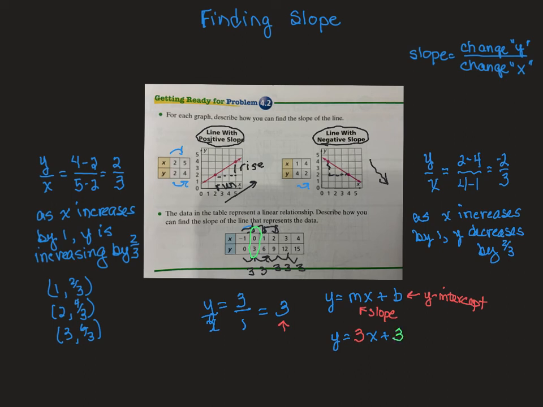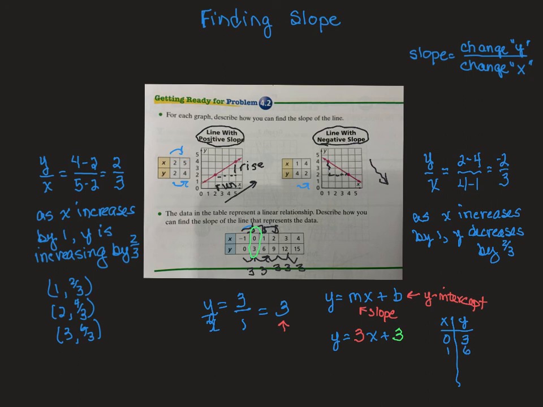So I have 3x plus 3. Remember that the slope is 3. That means as x increases by 1, y is going to increase by 3. A table for this would look like this. I know that at 0 it is 3. So x is 1: 1 times 3 is 3, plus 3 is 6.